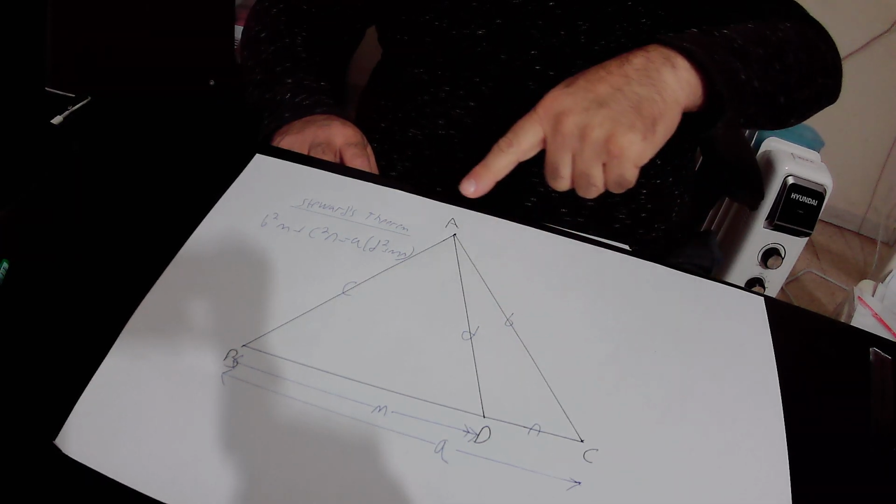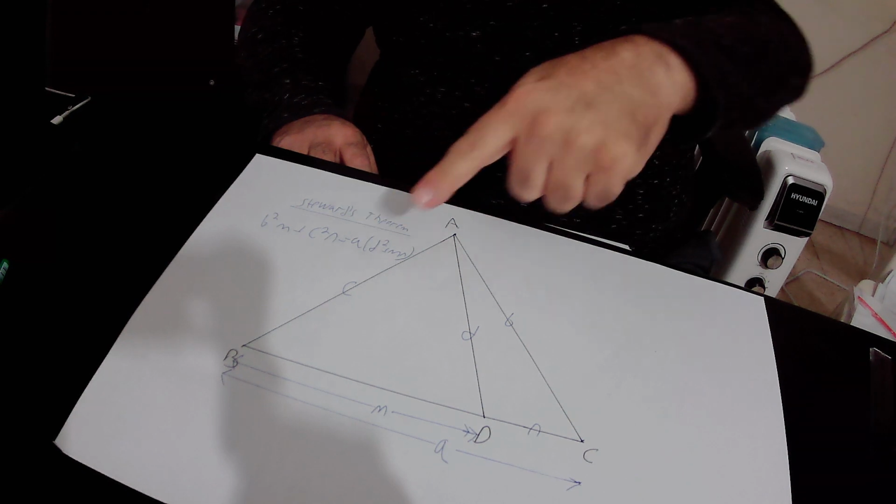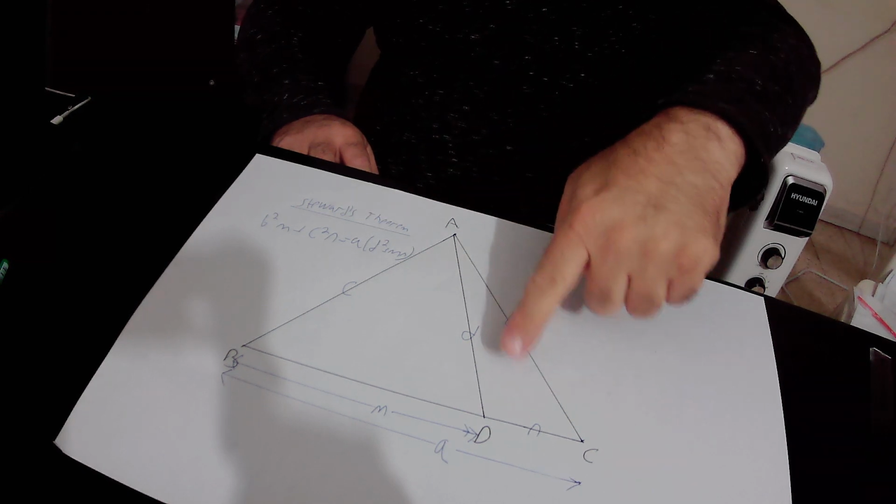The cevian on triangle ABC is line segment AD.